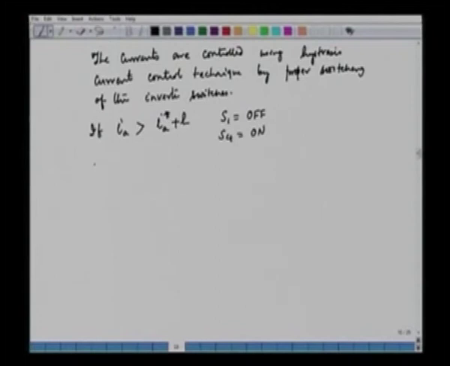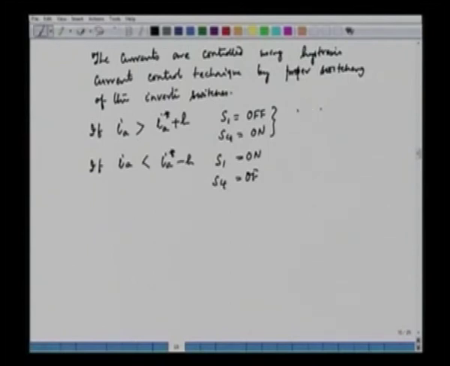And if IA is less than IA star minus H, S1 is turned on and S4 is turned off. So this means VDC is equal to 0, or the voltage here will be equal to 0.